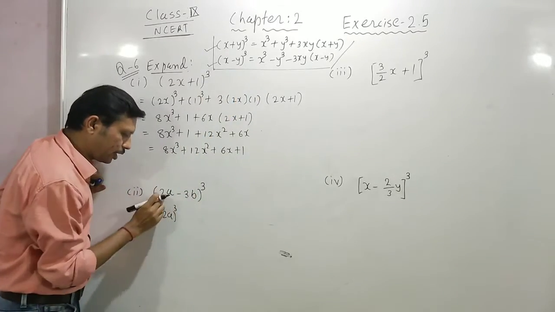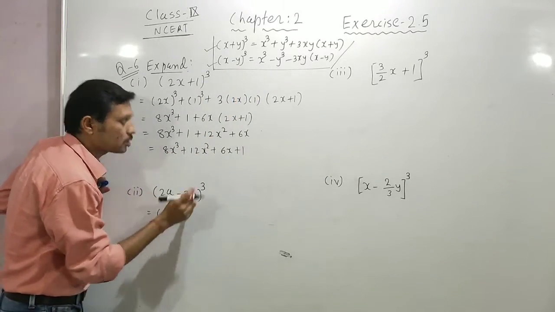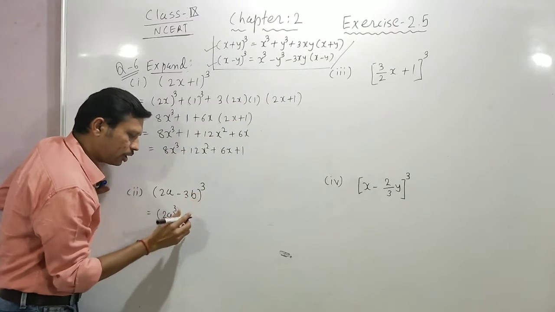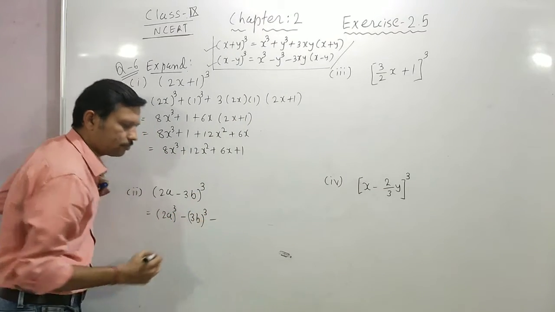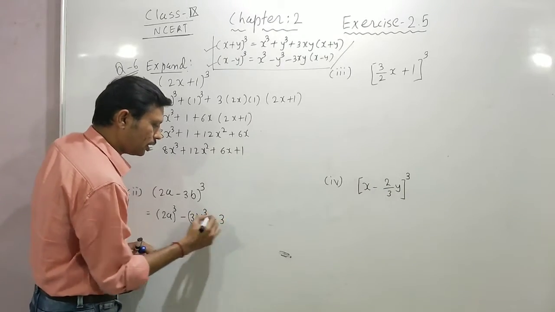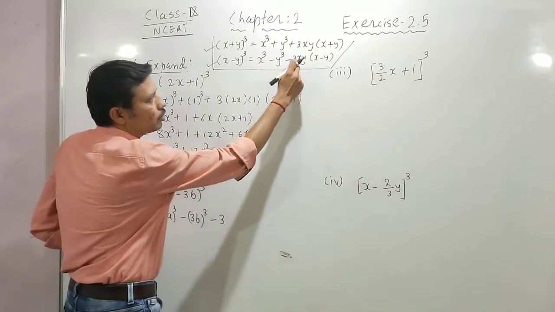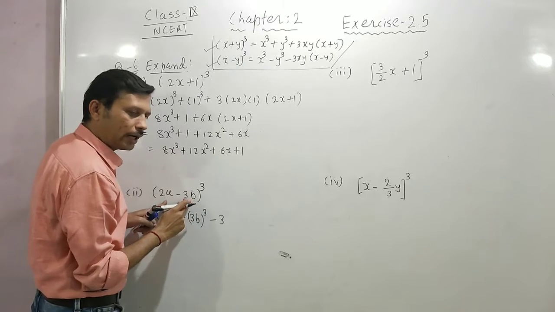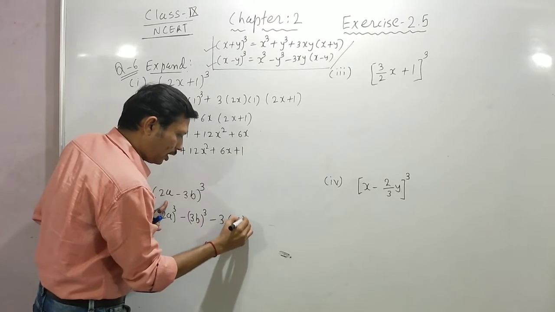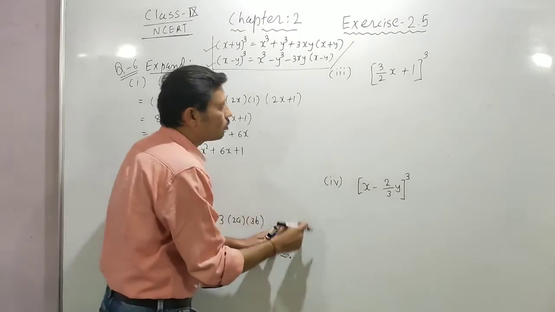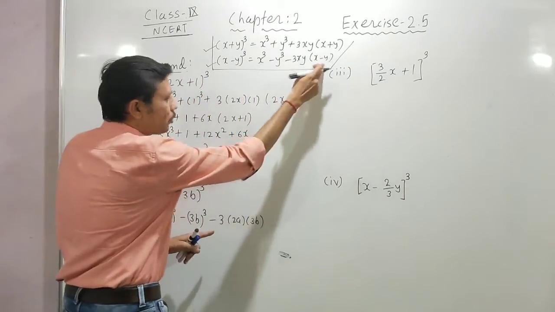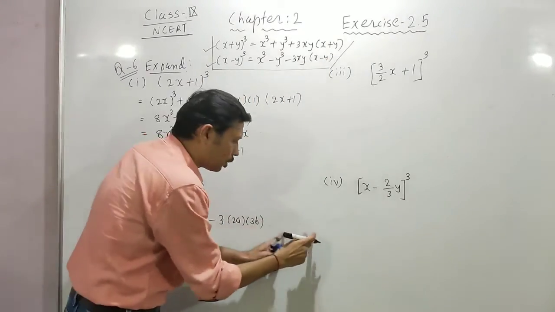So x cube, that is (2a) the whole cube, minus y cube, y that is (3b) the whole cube, then minus 3 times the product of these both terms, so 2a and 3b. And at last the binomial as it is, x minus y, so (2a minus 3b).